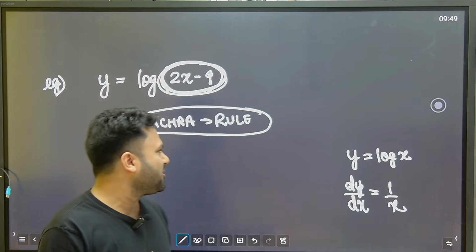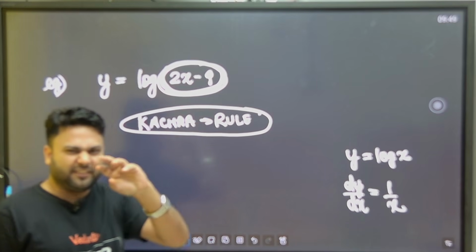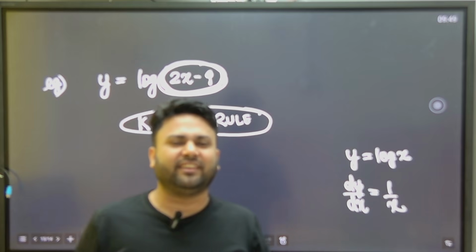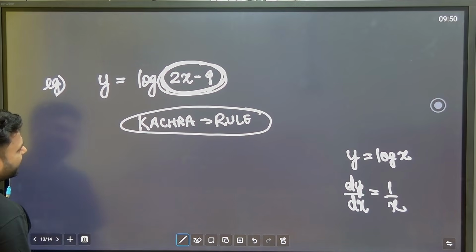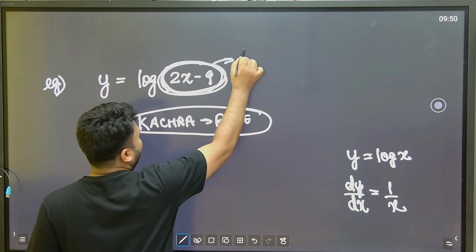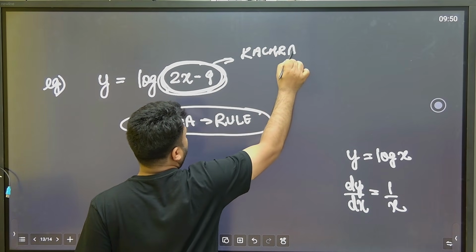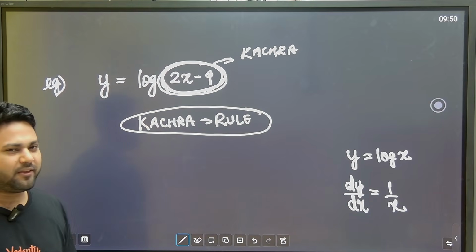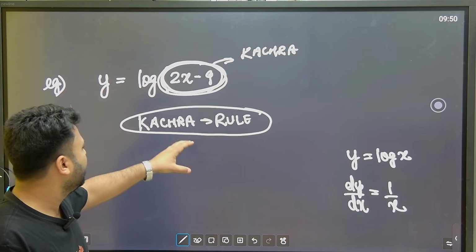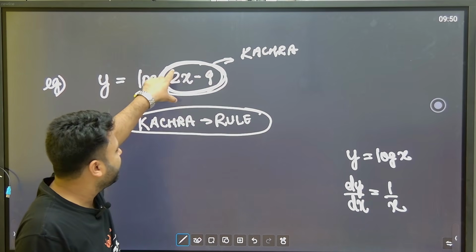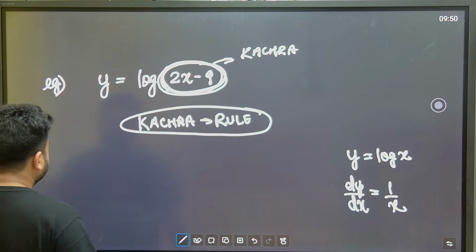My rule, Kachada rule. This 2x minus 9, which you are finding messy, this term is our Kachada. So if things are not in a direct formula, then whatever is given, we will say this is our Kachada.